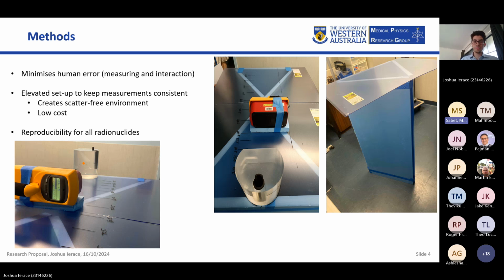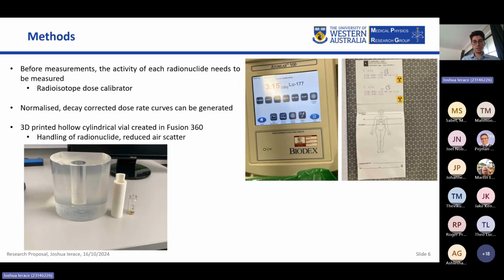Excellent. Then you mentioned the activities that are leftovers or if patients get cancelled. What level of activity do you usually get? Last week I was using lutetium-177, and as you can see, that had an activity of 3.15 gigabecquerels. The radionuclides used for therapy have quite higher activities than the iodine one. I think the iodine one was about 128 megabecquerels. Right.